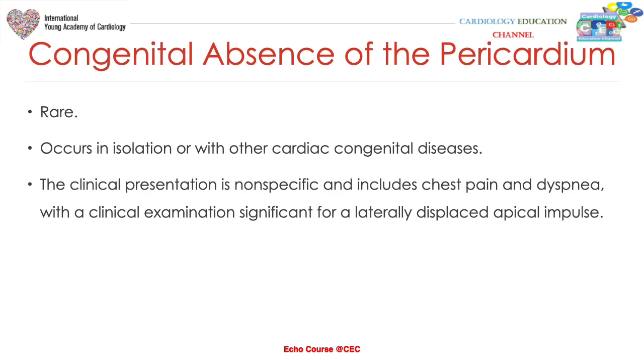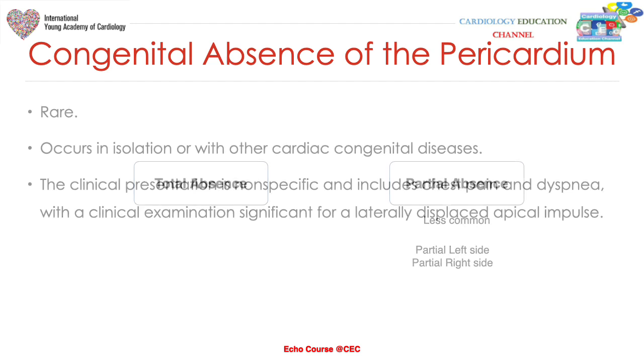Also, another entity of the pericardial diseases is the congenital absence of the pericardium, which is usually a rare condition and occurs in isolation or in association with other congenital heart diseases. The clinical presentation is non-specific and includes chest pain and dyspnea, with the clinical examination significant only for a laterally displaced apical impulse.